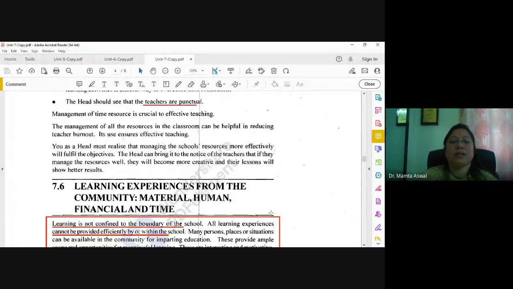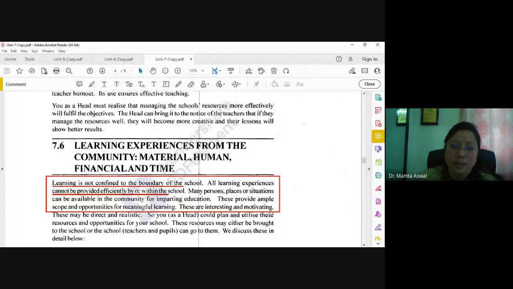Then, learning experiences from the community, material, human, financial, time. When I'm saying learning experiences from the community, it means that various organizations from the community, you can say doctors, you can say engineers, you can say any other organization working in the community, can be called into the school, and they can talk to the children and provide their learning experiences.